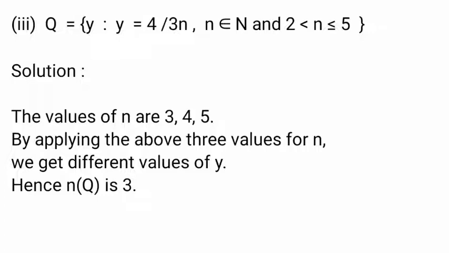That means we get 3, 4, 5 as the n values. So the values of n are 3, 4, 5. By applying these three values for n, we get different values of y. Therefore, n of Q is 3. Can you understand?